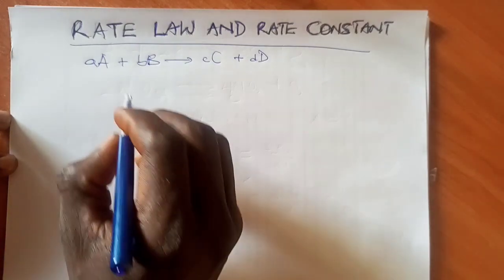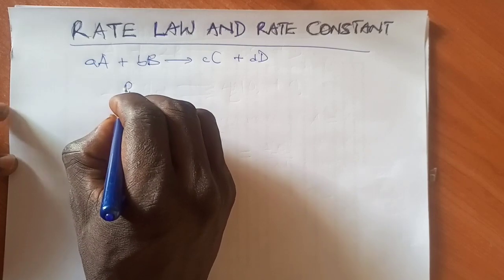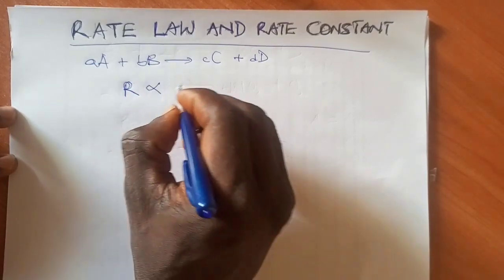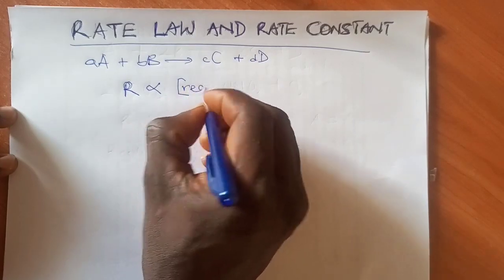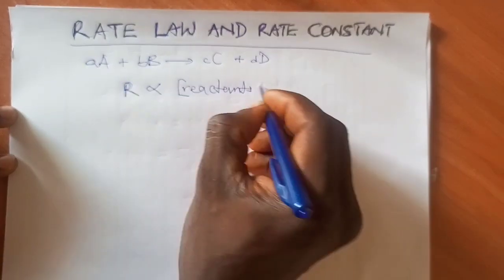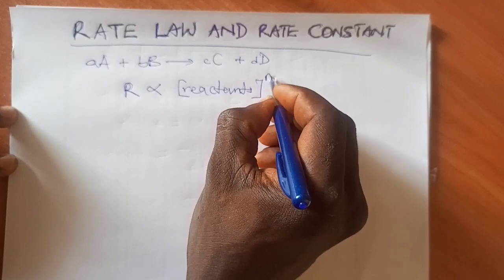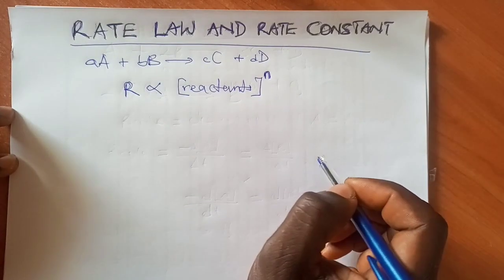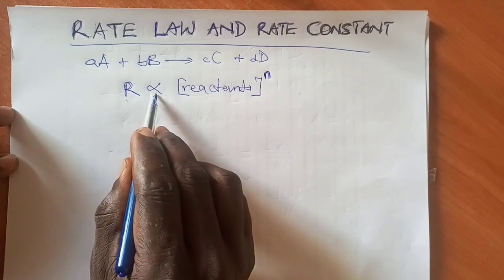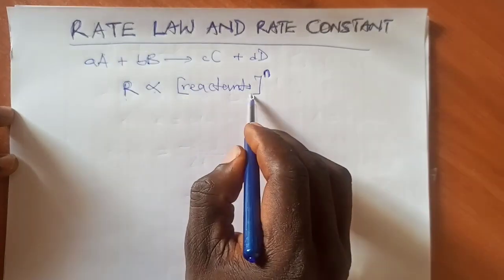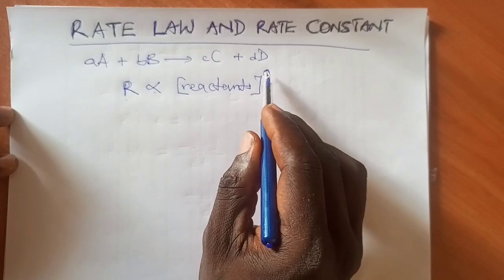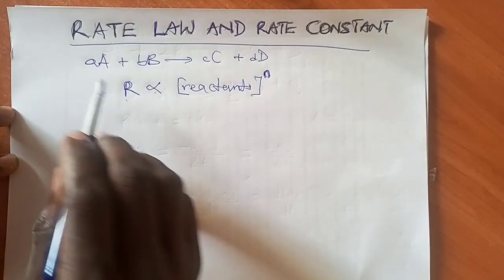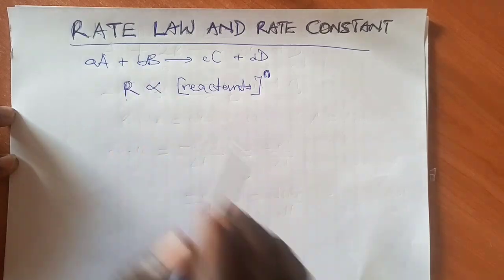What the law of mass action is saying is that rate is proportional to the concentration of the reactant raised to the appropriate power. This power signifies the coefficient of the reacting species.